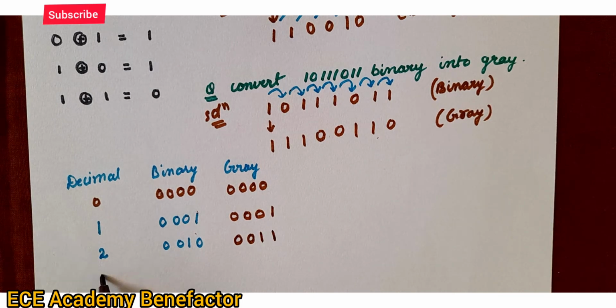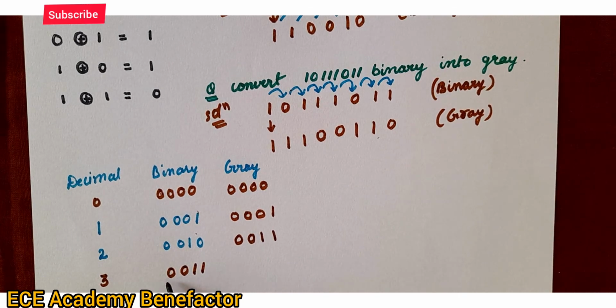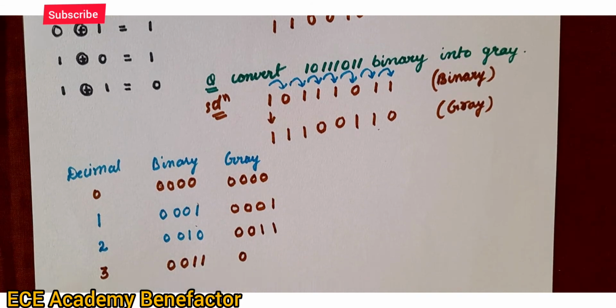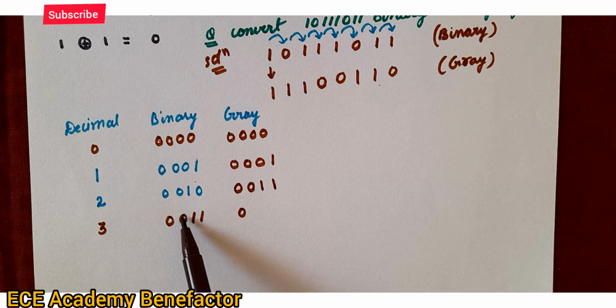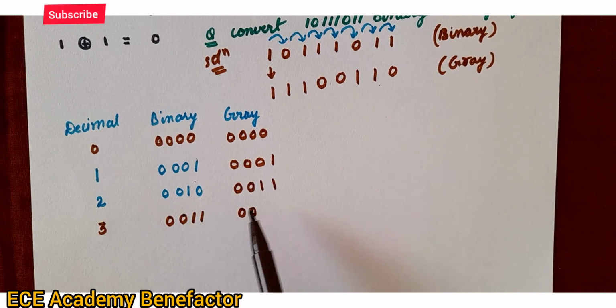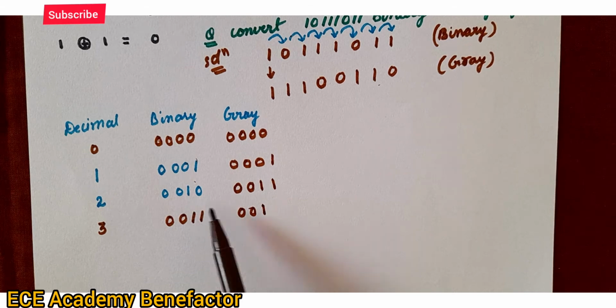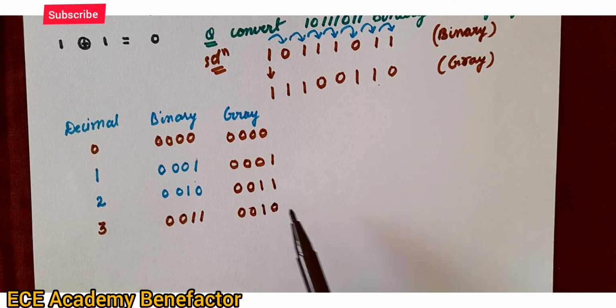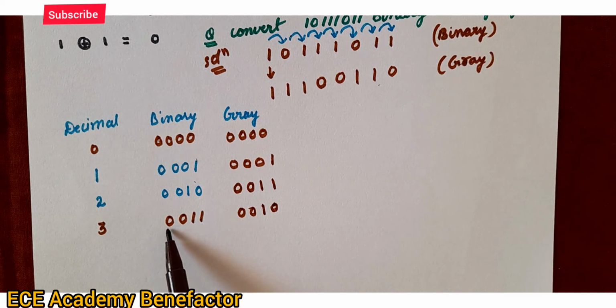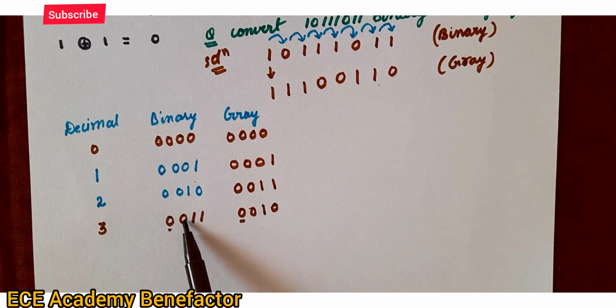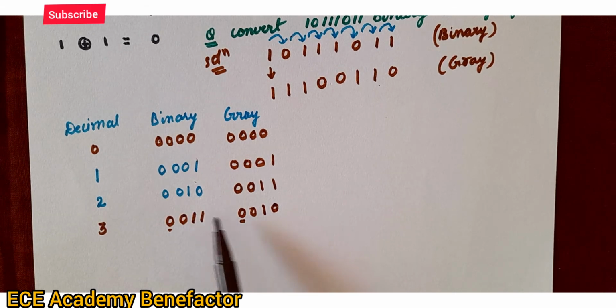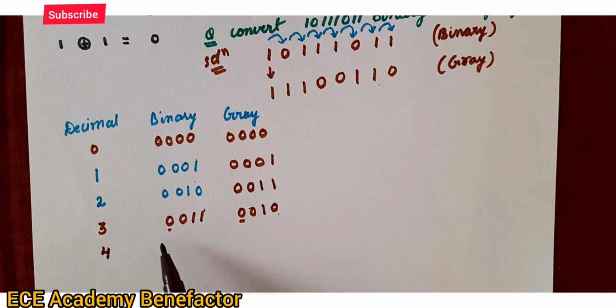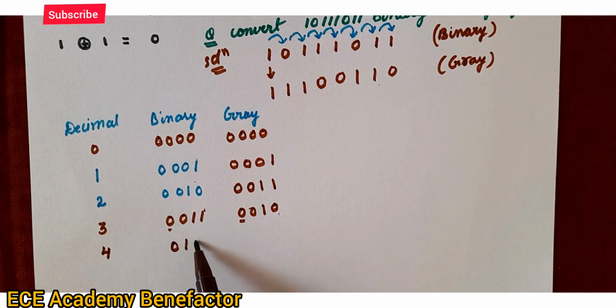Okay. Now, for 3 in binary is 0 0 1 1. So, write the MSB bit as it is 0, 0 XOR 0 is 0, 0 XOR 1 is 1, 1 XOR 1 is 0. Let us write for 4. 4 in binary is 0 1 0 0.